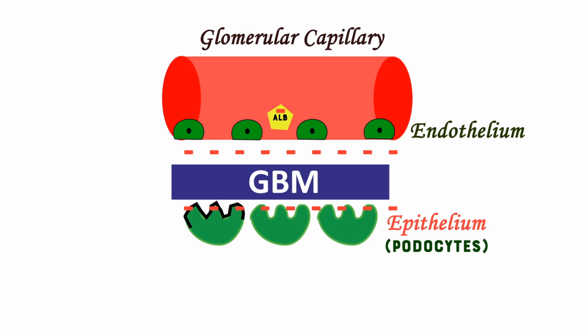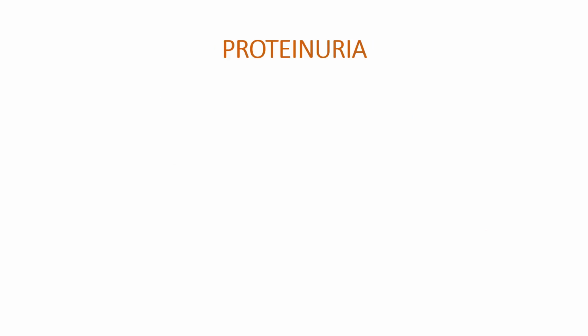So as we talked about earlier, albumin is not filtered by the kidney, because the negative charge of the albumin is repelled by the negative charge of the glomerular basement membrane and the epithelium.